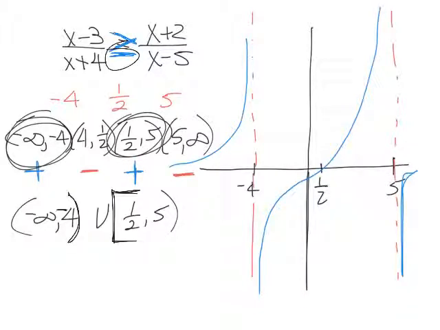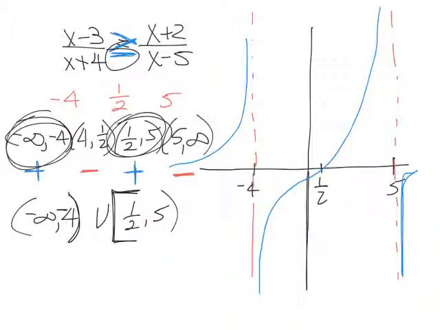Whereas the 1/2 is inclusive because it is just where it crosses the x-axis. 1/2 is part of the graph. Here, it goes up to -4, but not quite to -4 because -4 is an asymptote, so it cannot include the asymptote. Same with the 5 here. It's a curve because it cannot include 5, because 5 is an asymptote.